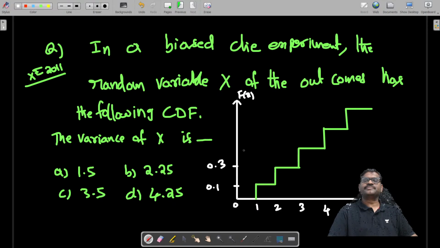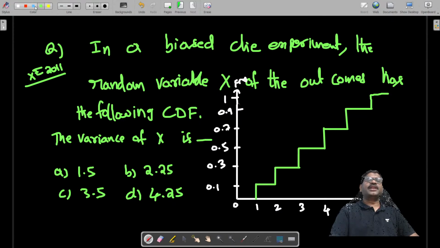It is a biased die. Now, if you prepare the probability distribution table, you can understand the x value and capital F of x value.